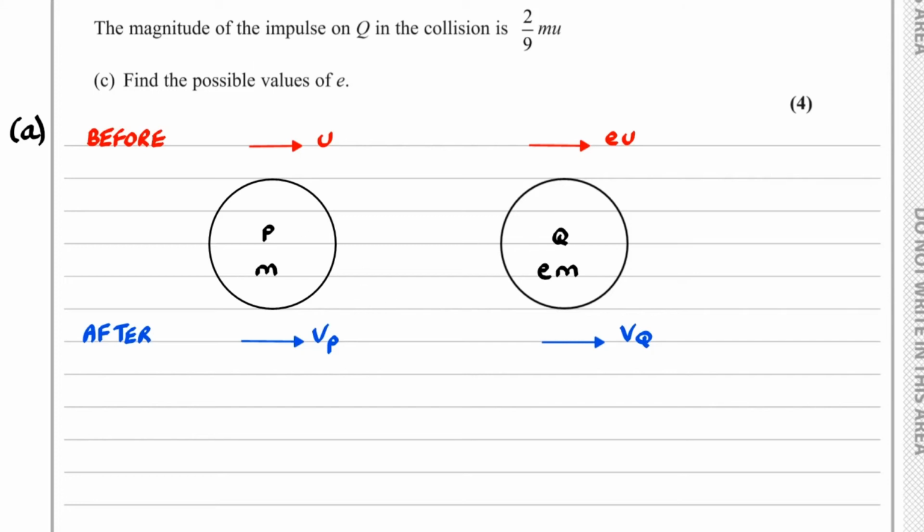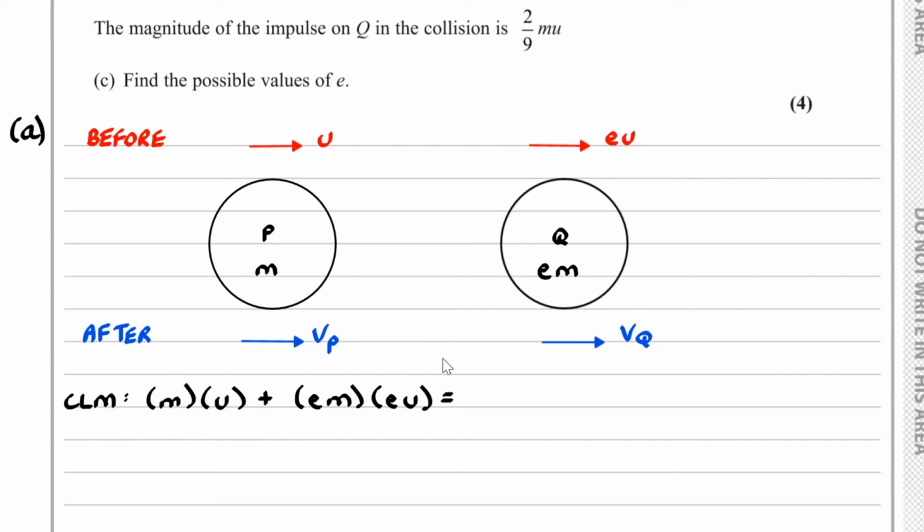Now, if I use the idea of conservation of linear momentum, I have m multiplied by u plus em multiplied by eu.